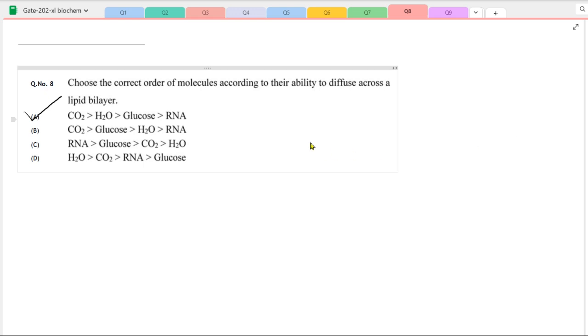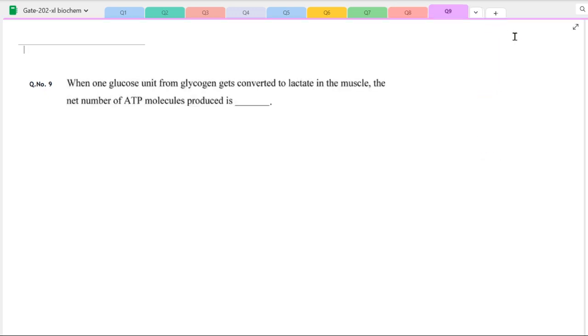RNA, having the negative phosphate group, is really hard to diffuse across the lipid bilayer. So the correct option here is CO2 followed by water, followed by glucose, and then RNA. Moving on to the next question.